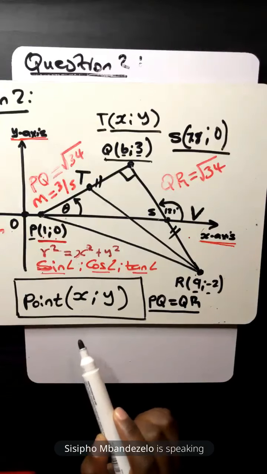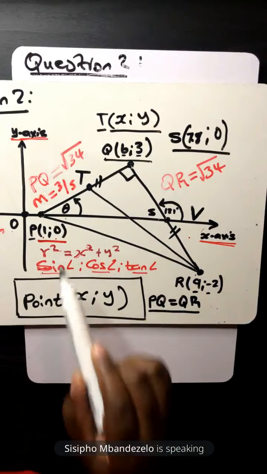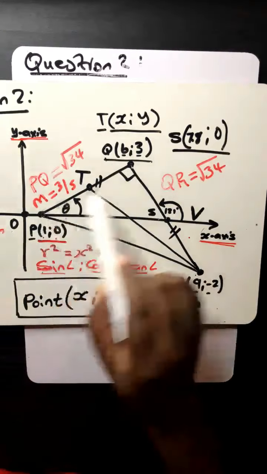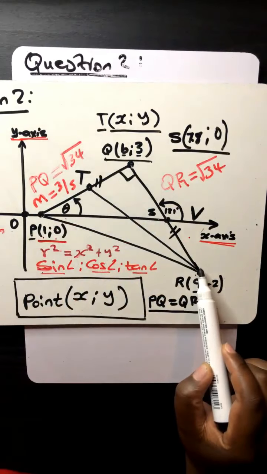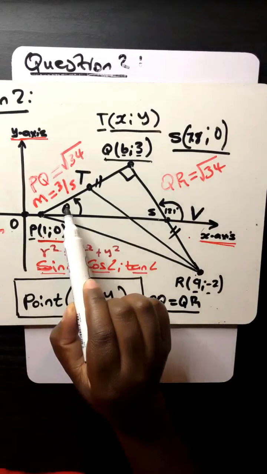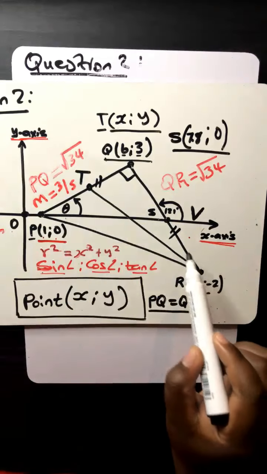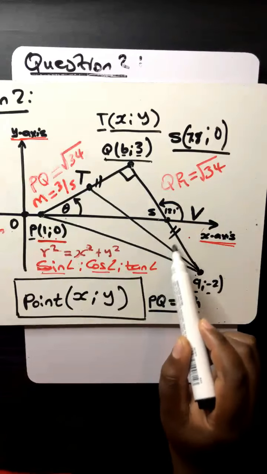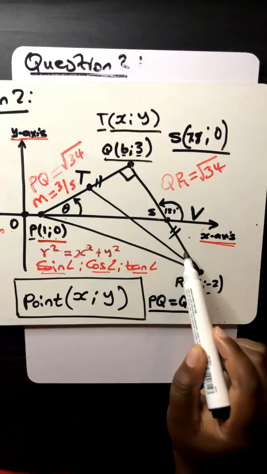I'm talking about triangle PQR, sir. In triangle PQR, you are saying that angle theta there is equal to this angle there. Yes, sir.